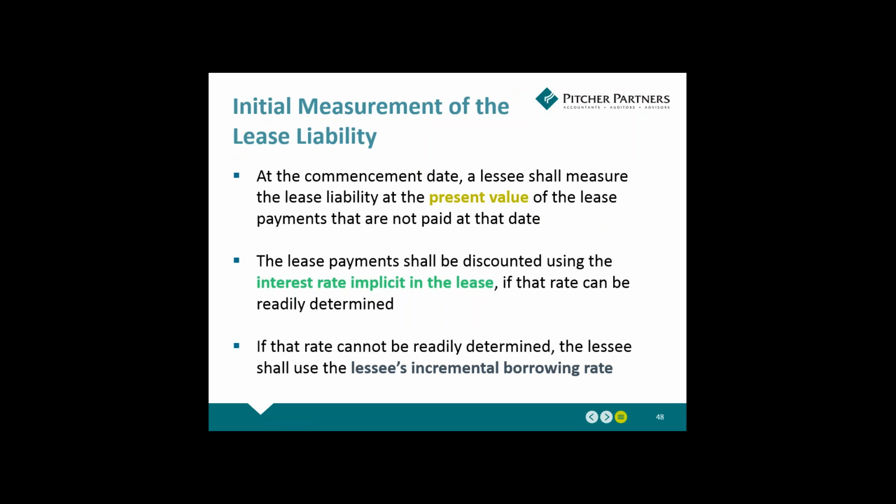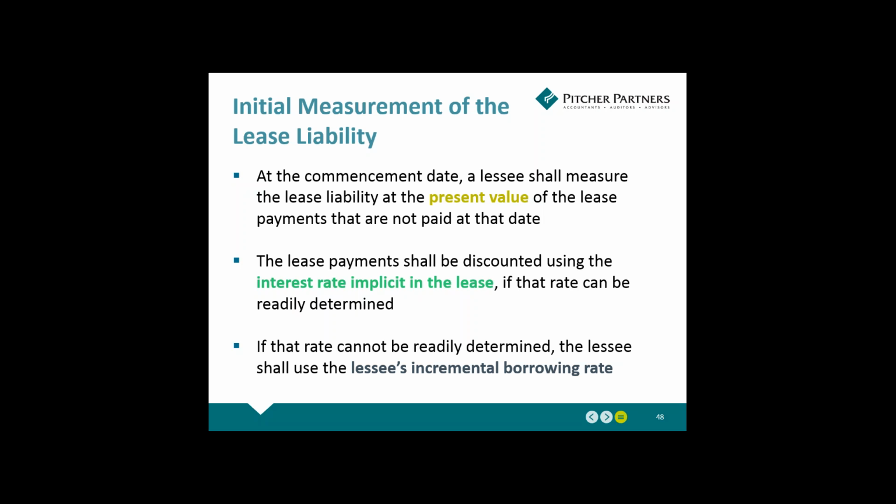So in my example earlier today, you come up with the present value, you use that 10% incremental borrowing rate that I've given in my example, and you come up with the present value of all those lease installments. And you have to remember that they are paid monthly in advance. You've put all of those cash flows into Excel or in your financial calculator. You use the interest rate of 10%. The present value works out to be the 185,000.